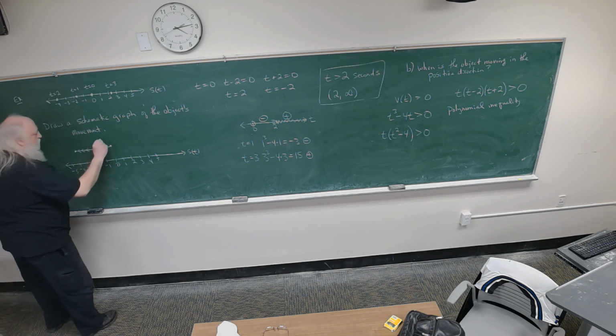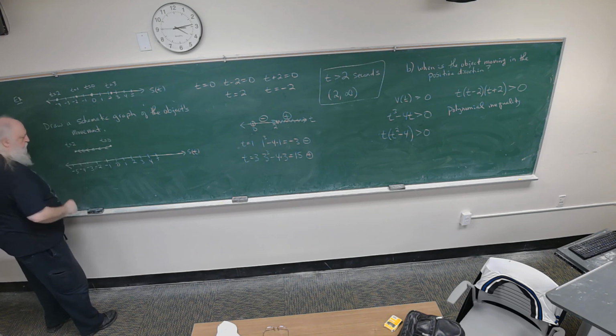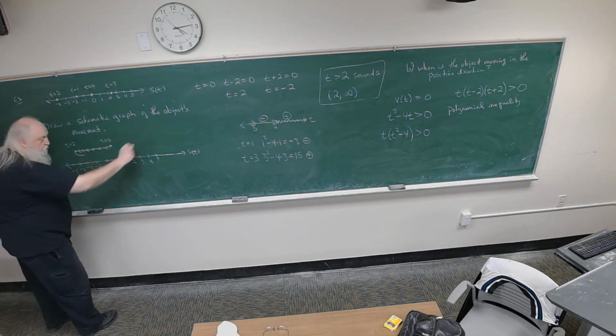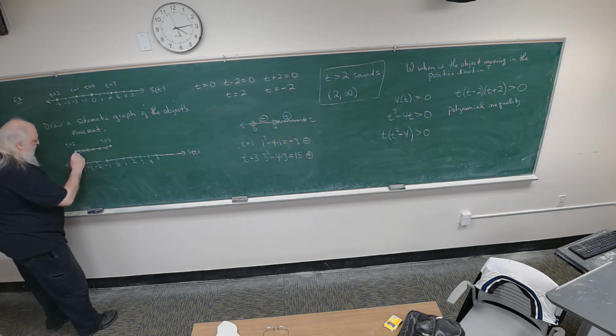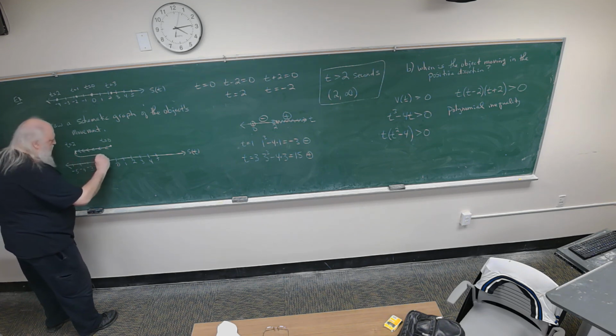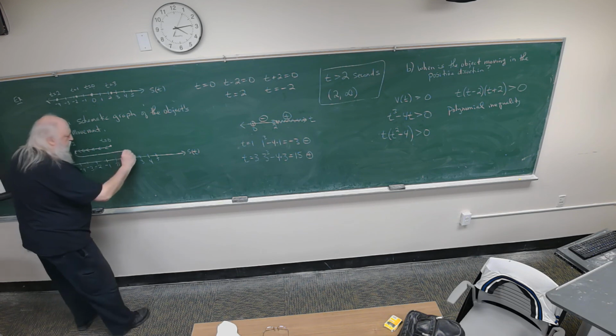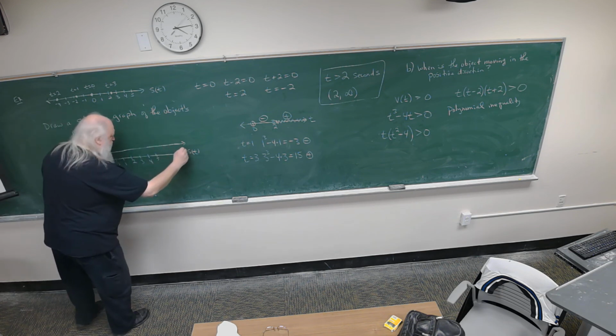This is t equals 0, this is t equals 2, this position. And then it didn't make a U-turn per se, it just stopped and then went back to the right. But as a diagram, we're going to make it look like it made a U-turn. And then it went to the right forever.